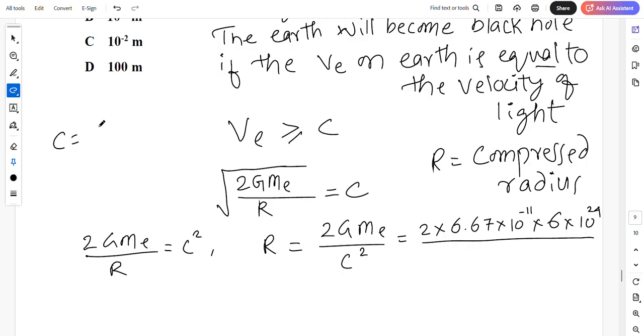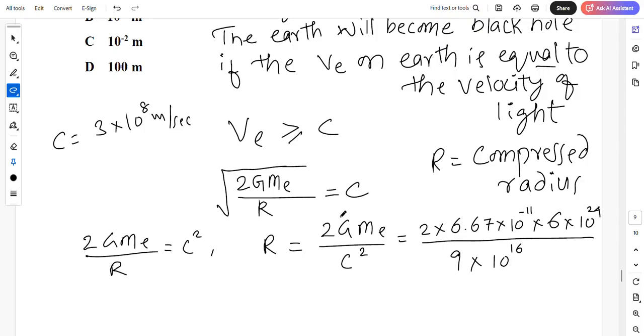We know that C is 3 into 10 to the power of 8 meters per second. So c square is 9 into 10 to the power of 16.